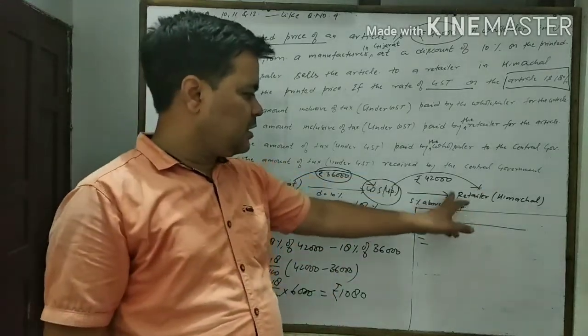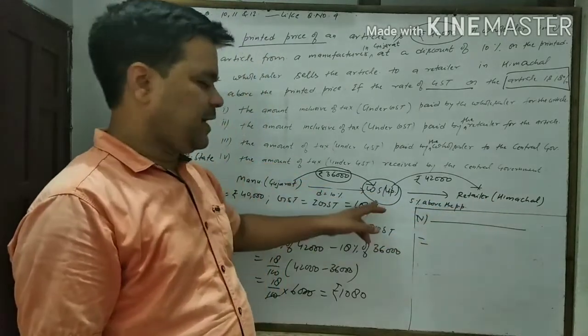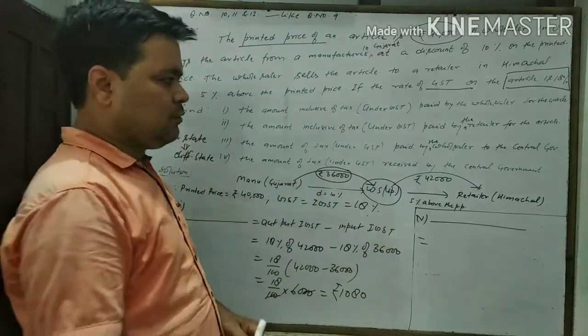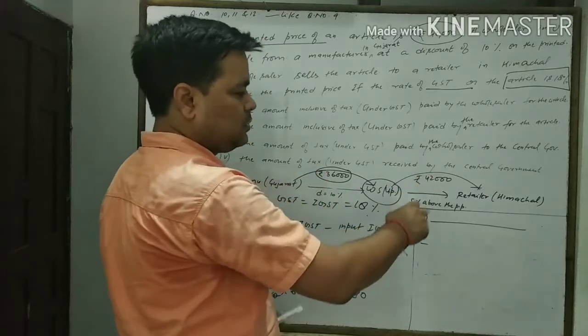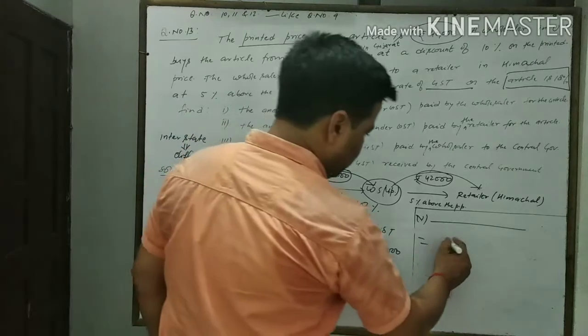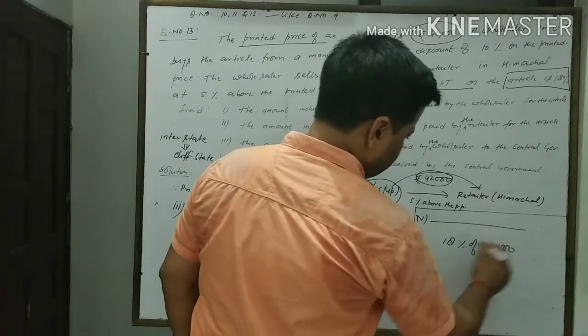Since the retailer is responsible for all the tax under IGST, the tax according to the question will be calculated on 42,000 rupees. Then it will be 18% of 42,000.